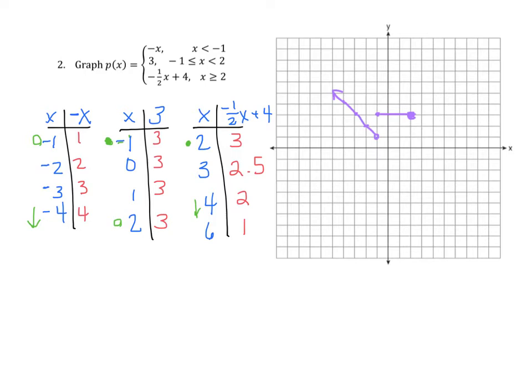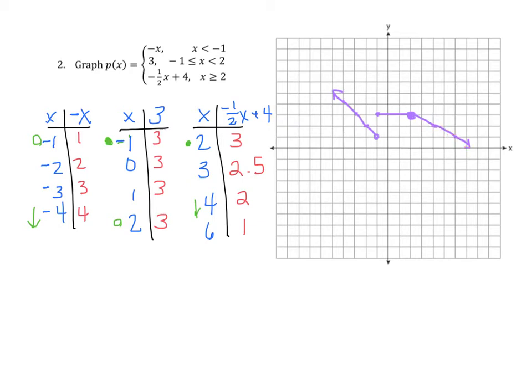And what happens here is they are going to intersect. So as I plot these other points, I'm going to plot the point 4, 2 and the point 6, 1. As I connect those, you can see that the reason why that happened is because where this horizontal line left off is exactly the place where this line picked up.